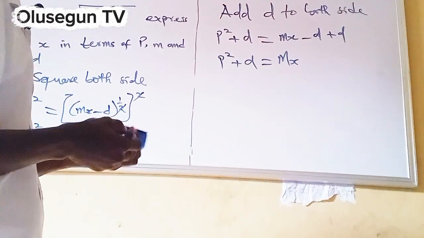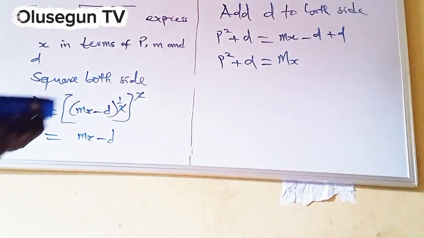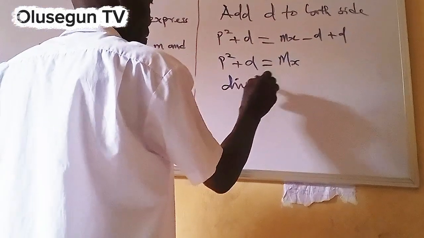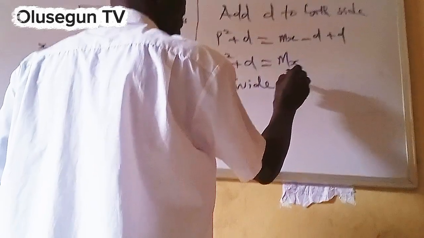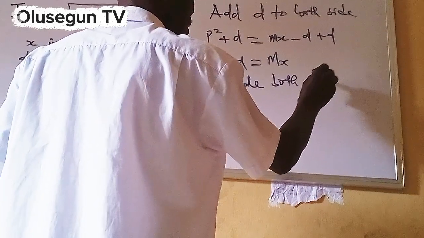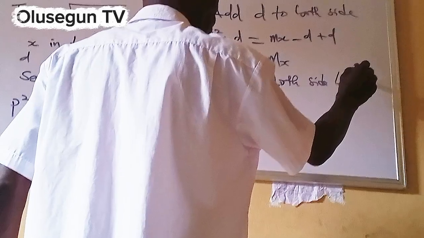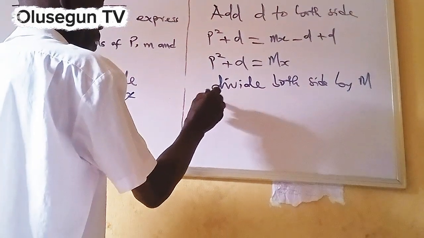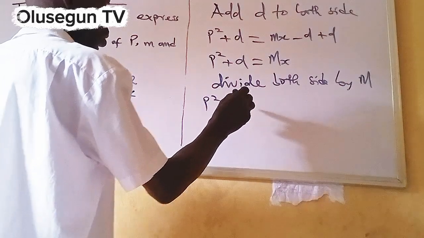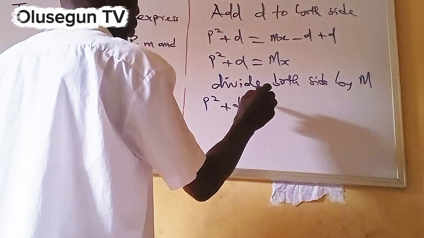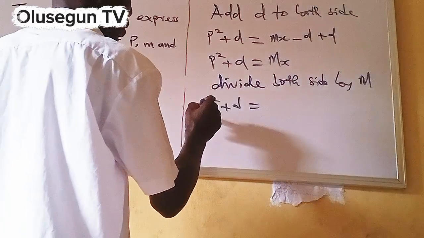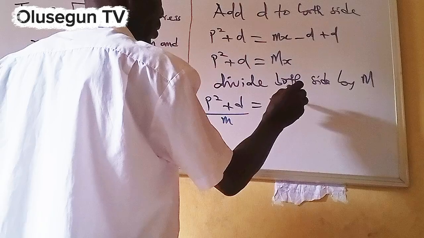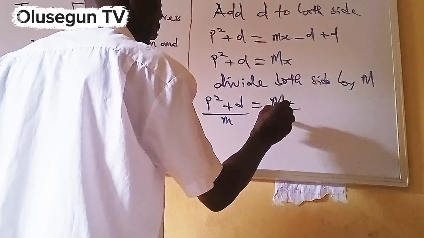So what do you do next? What you do next is to divide both sides by m. When you divide both sides by m, you have p square plus d divided by m is equals to mx divided by m.